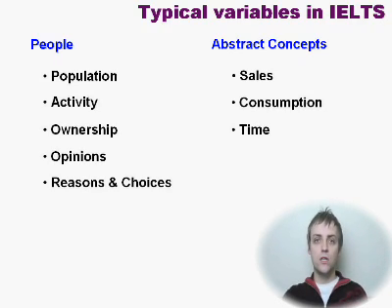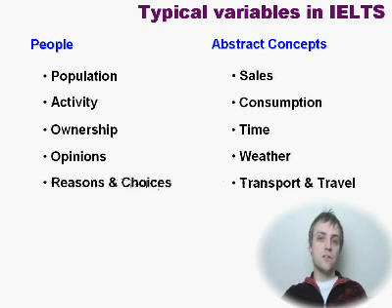Travel, for example. Could be weather trends, so how much rainfall is there in a particular area per month. Transport and travel. Okay, so a lot of these ideas are to do with demographics, generally what people do, or anything related to what people do. Sometimes abstract concepts as well. We're going to look at people first and then later abstract concepts.